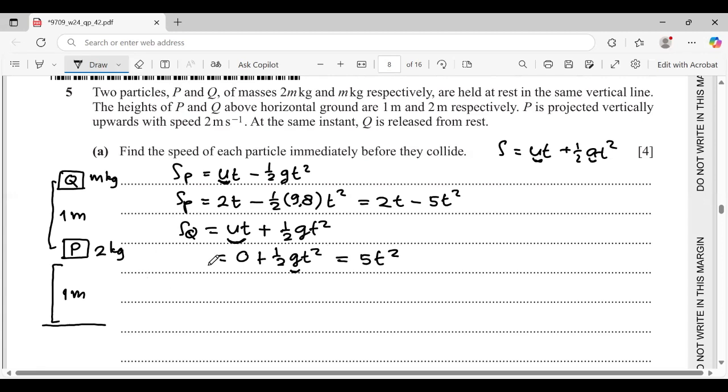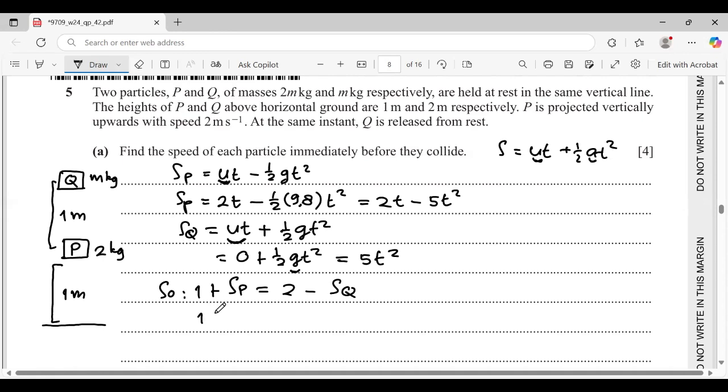P and Q are at the same distance from the ground when they collide. That's the information. So we can state that 1 plus this one, SP, equal to minus SQ, based on their condition.